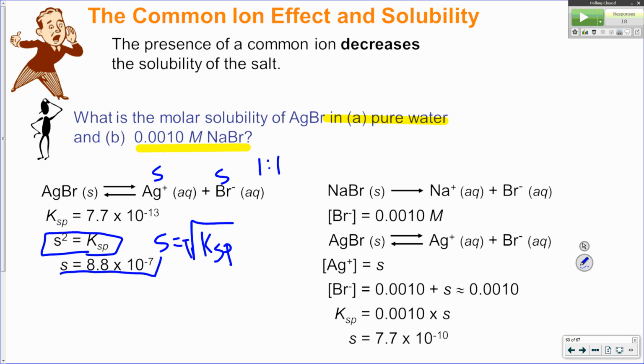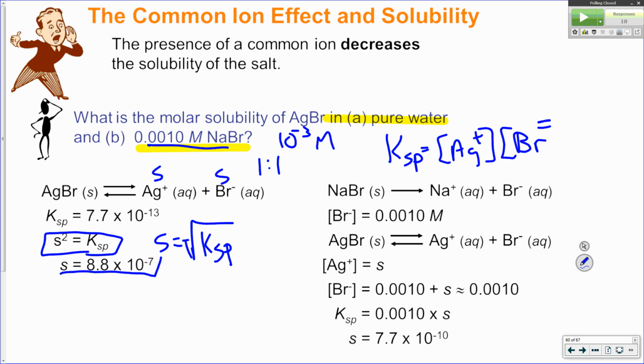But now if I have this bromide ion added, it's there at 1 times 10 to the minus 3rd molar, 1 millimolar. Now when I write the KSP expression, KSP is equal to the concentration of the silver times the concentration of the bromide. But I've got bromide from this solubility, and I've got bromide from this source of the co-ion. Now, from just the solubility itself, it was 1 times 10 to the minus 7th.